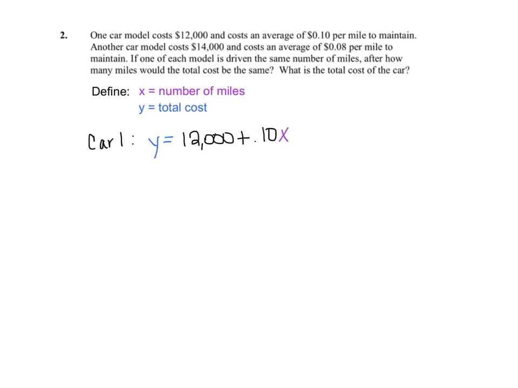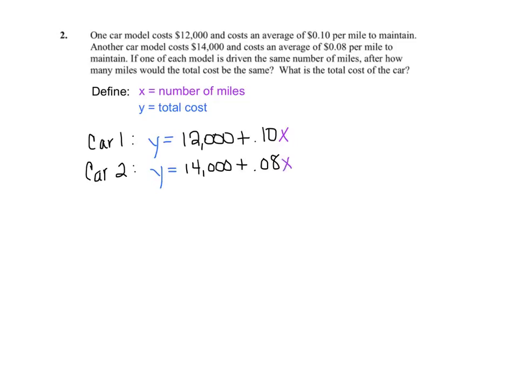That's car 1. The other model, car 2, costs $14,000 and an average of 8 cents per mile. So we have car 2, and we know our total cost, our y, equals 14,000 plus 0.08x.